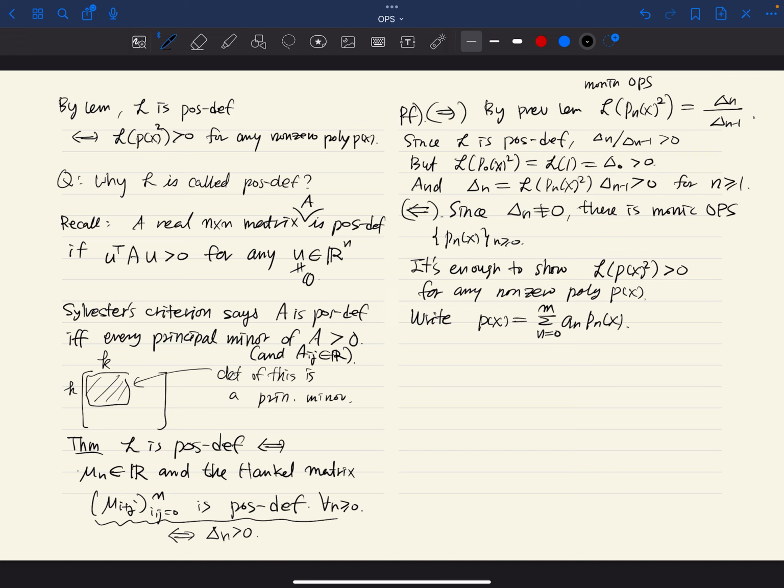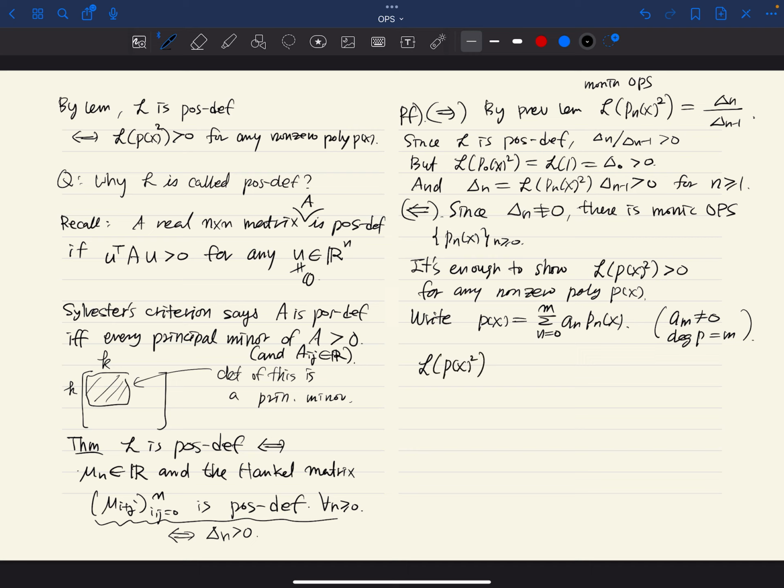Okay. Then of course a_m is non-zero. If the degree is m, the a_m must be non-zero, right? The top degree. Then let's see what happens. p(x) squared.